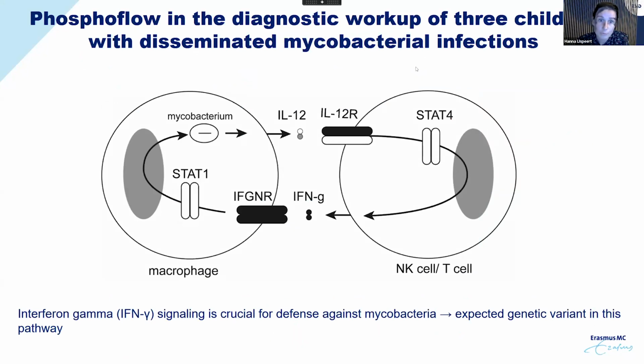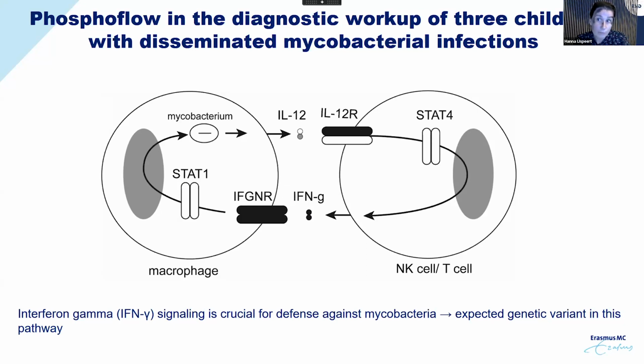Here's a simple overview of this signaling cascade between the macrophage and the NK or T cells, in which IL-12 receptor, STAT4 activation leads to the expression of interferon gamma, which can bind to the interferon gamma receptor, which leads to activation of STAT1 and also the phosphorylation of STAT1, and this helps to eradicate this mycobacterium.